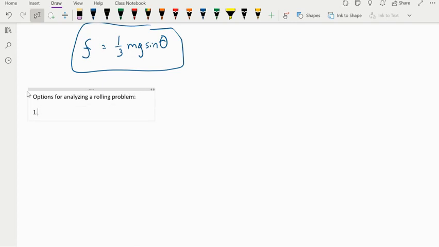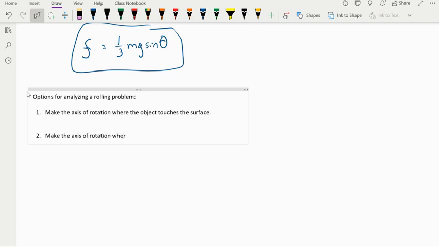The one option is make the axis of rotation where the object touches the surface. You saw what happened when I did that. Here's another option. Make the axis of rotation at the center of mass, at the COM.